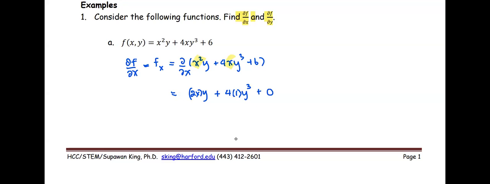I'm going to highlight the derivative in yellow. Therefore, the partial derivative with respect to x for part A is 2xy plus 4 times y to the third.